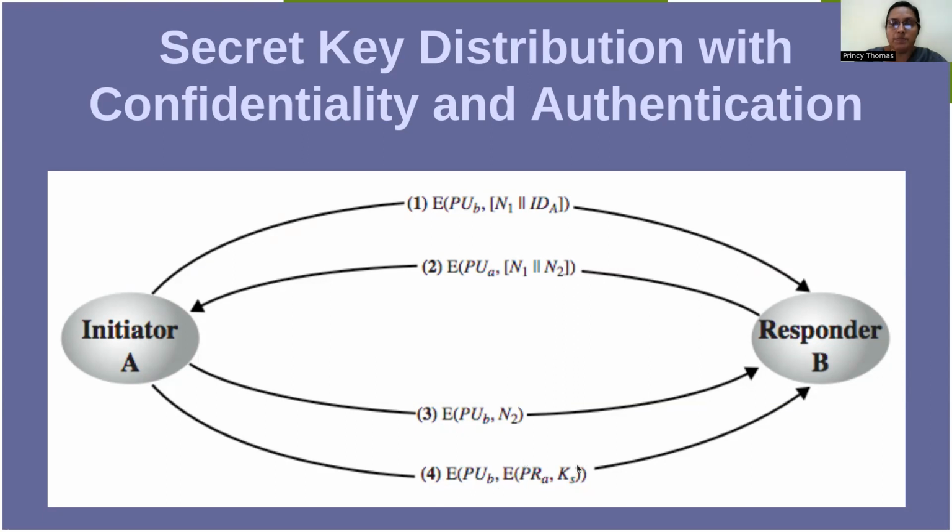To decrypt this message, he will use the public key of A and he will get KS.